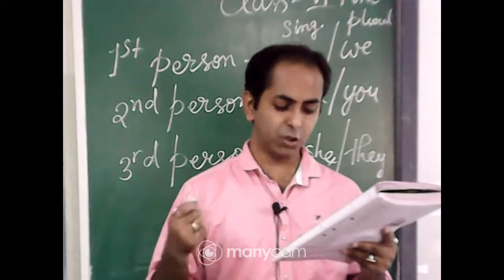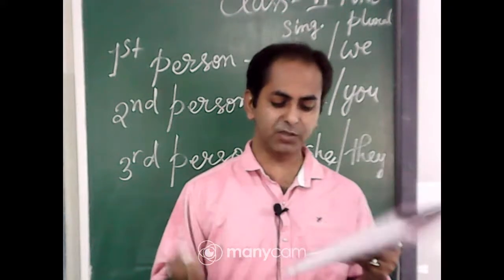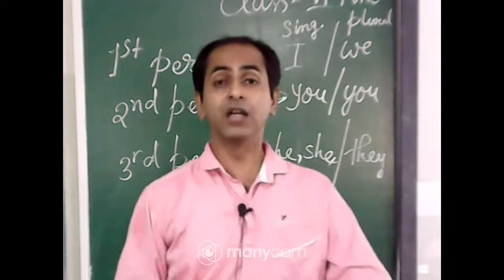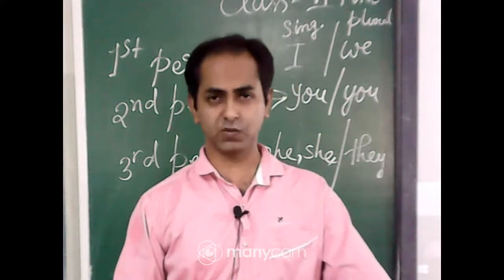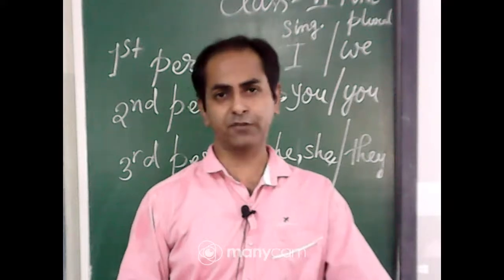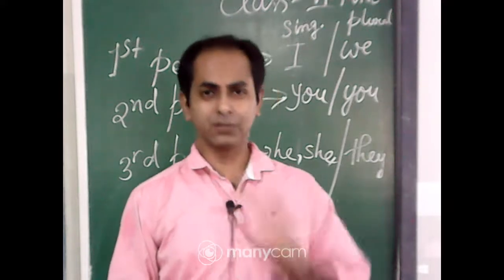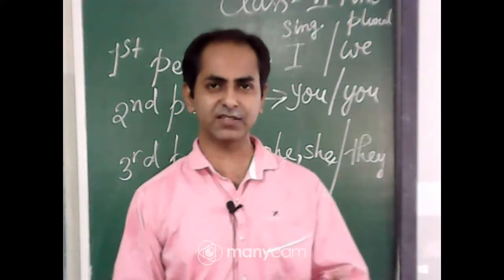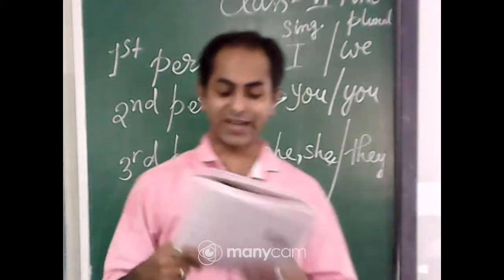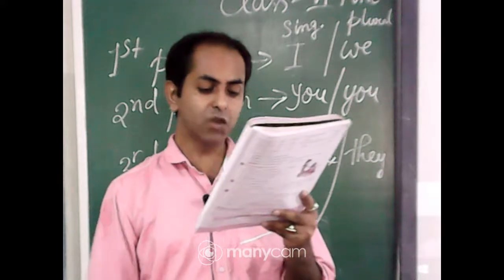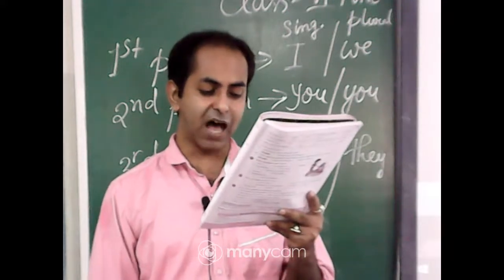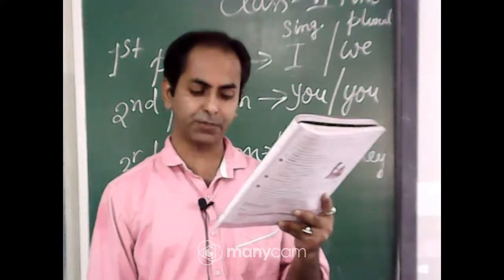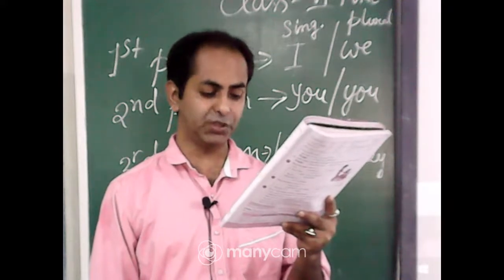The table below displays the genders, numbers and cases of personal pronouns. That is why every time it is said the noun and pronouns are as if the two different sides of the same coin, because their characteristics match quite a lot. So, nominative case, first person I, when used as a subject, we also. Second person you.